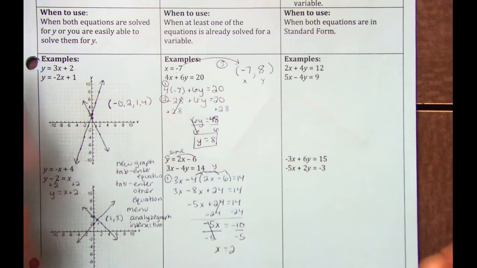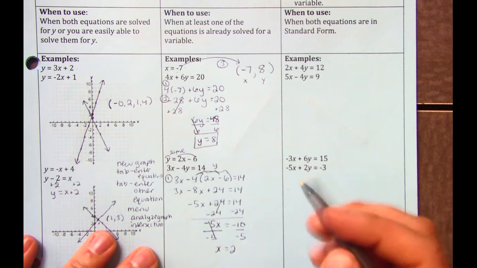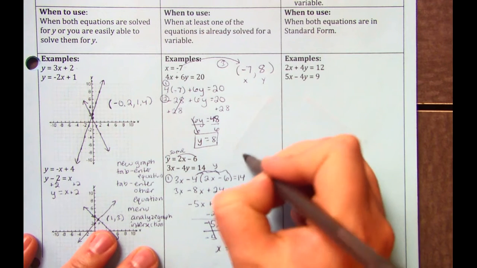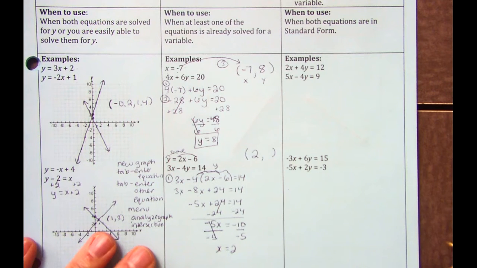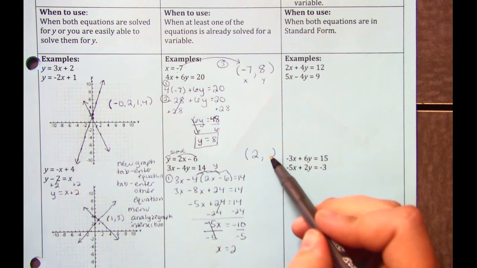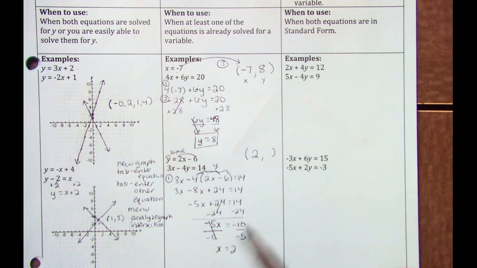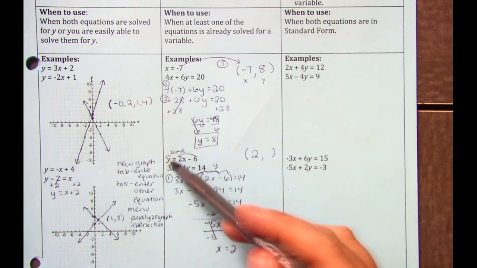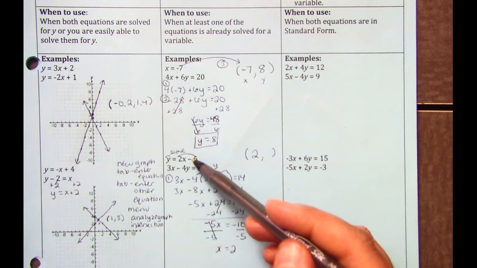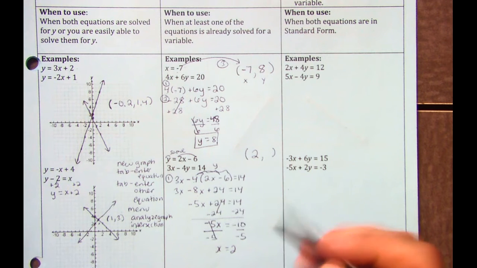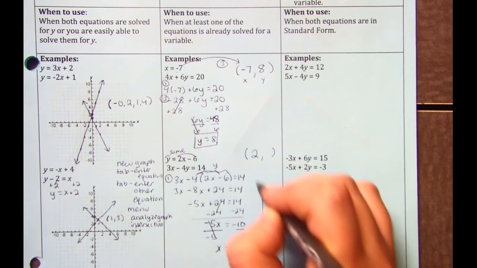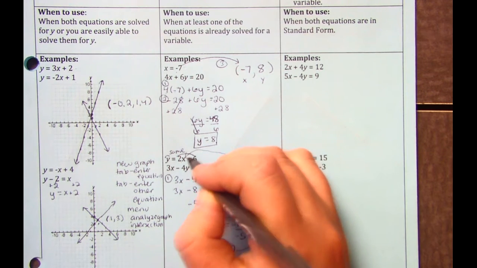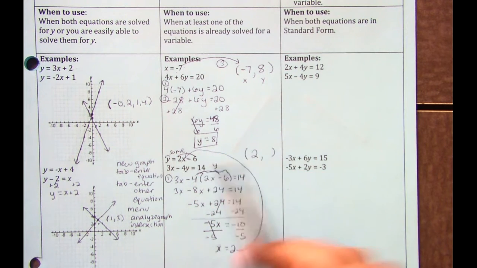So I know now that wherever these two equations cross, the x value is going to be 2. Now I just need to figure out the y value. I don't know what y is, but I do know that x is 2. And I know that y is 2 times x minus 6. So what I can do is I can say, okay, well, if I know that x is 2, let's put it right there and see what y is.